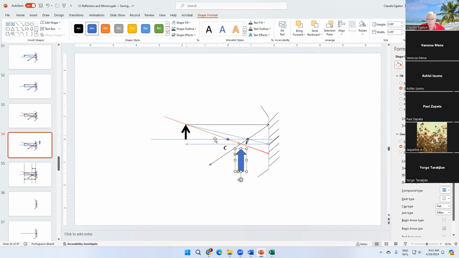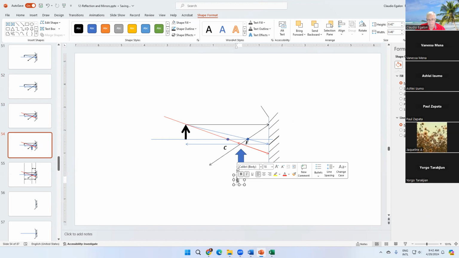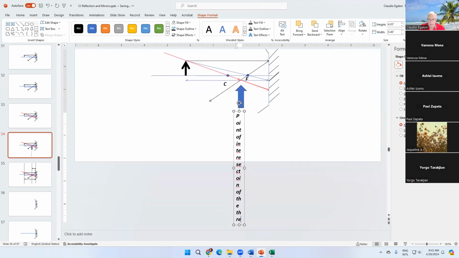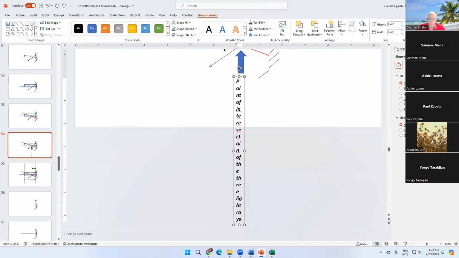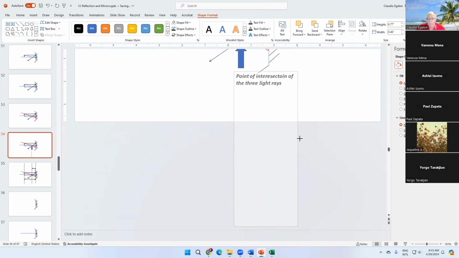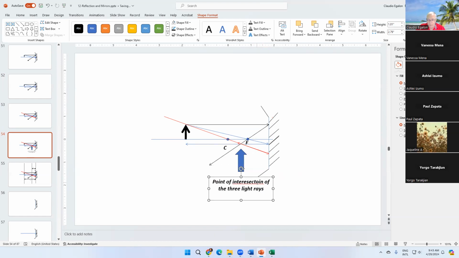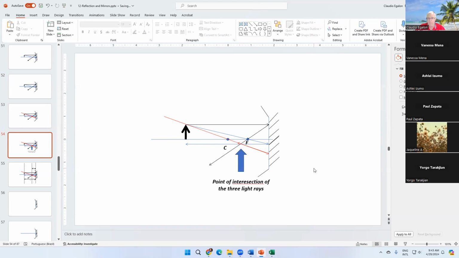Here you go, point of intersection of the three light rays.